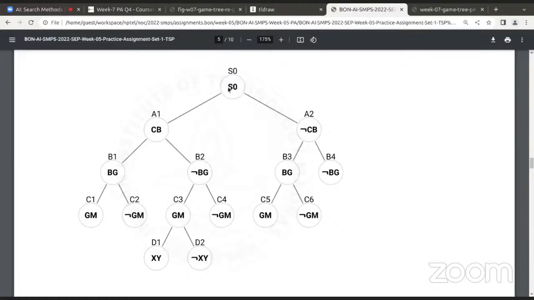I leaked it. Because once you include CB, the cost may stay the same or it may increase. If CB is already included in the lower bound, then it will stay the same. When you calculate the lower bound, and the lower bound contains both CB and BC already, it is already included.